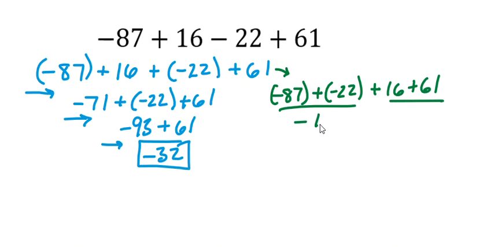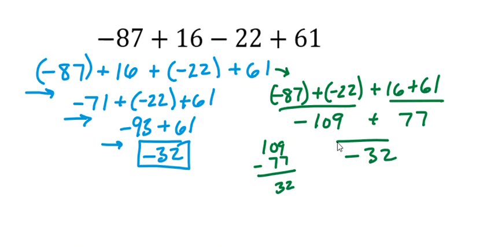That's a negative 109, and two positive numbers, that's a positive 77. And then we can just line them up and do the subtraction, right? The negative number plus the positive number, we're going to subtract 109 minus 77 is 32, and then the bigger one again was negative, so negative 32, and that's the answer. So that's how you deal with negatives.